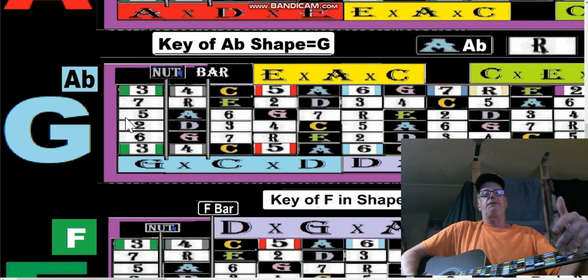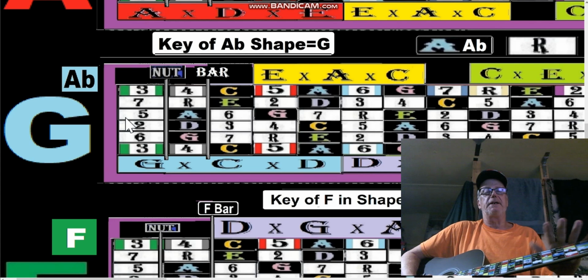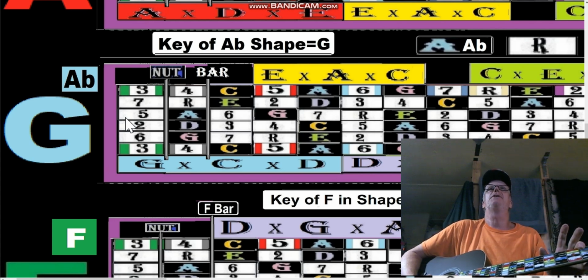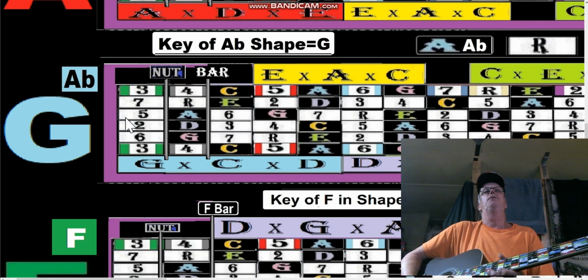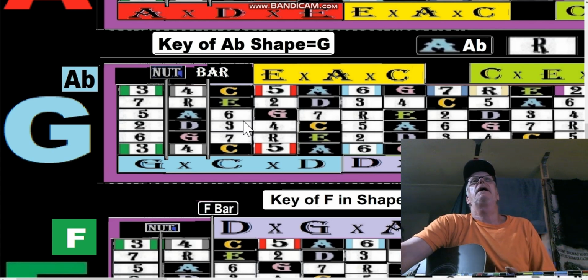Now the top of the E shape has a couple of problems. We're not going to get into that because it's not the subject of this lesson.